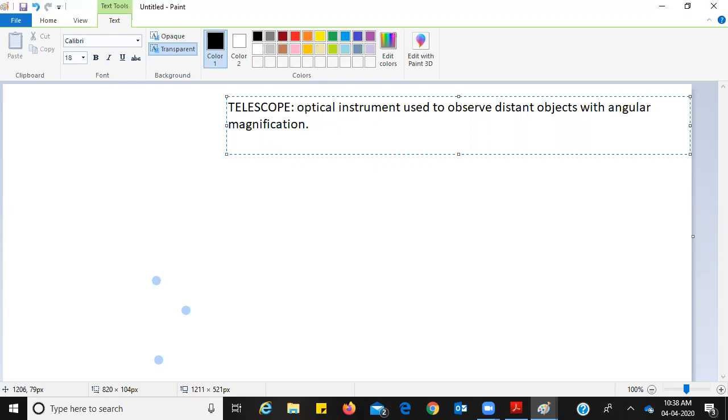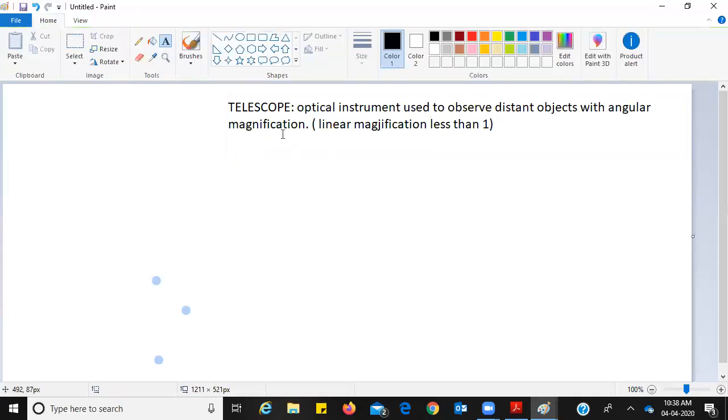There is no linear magnification. Linear magnification is less than 1, right? But it gives us a feeling it's larger because the angle subtended is larger. It brings the object closer.